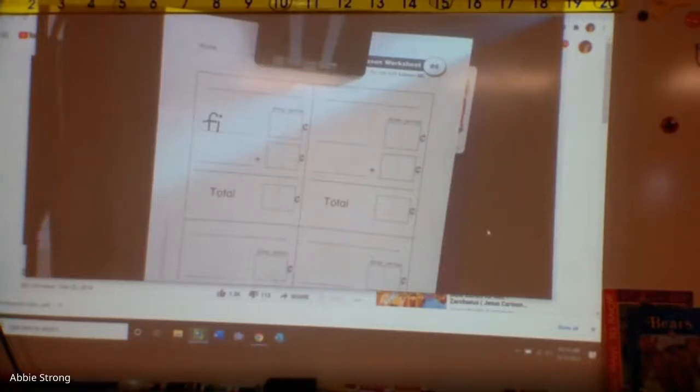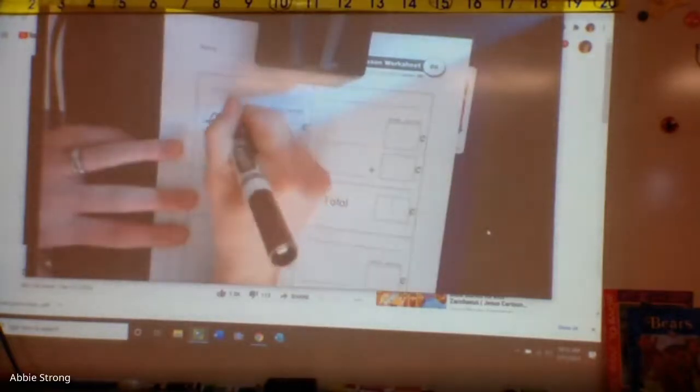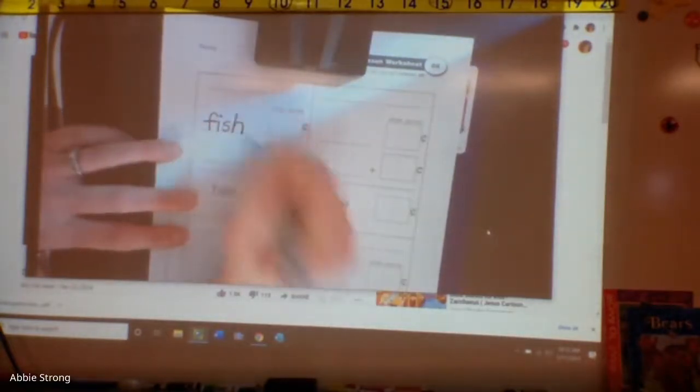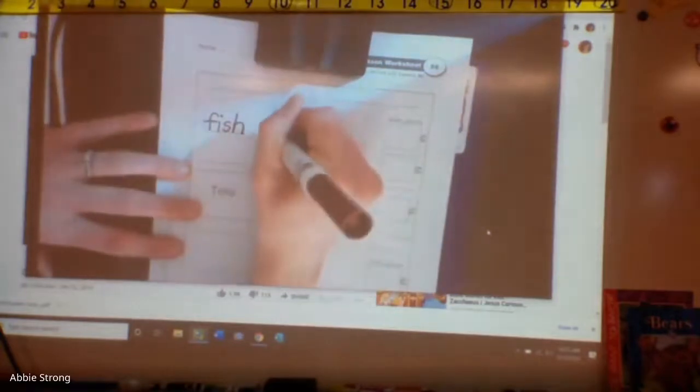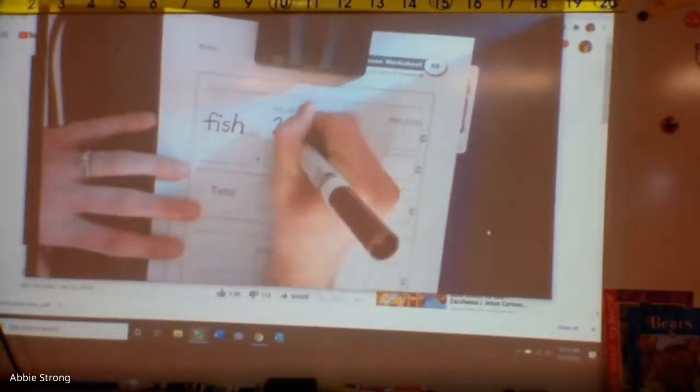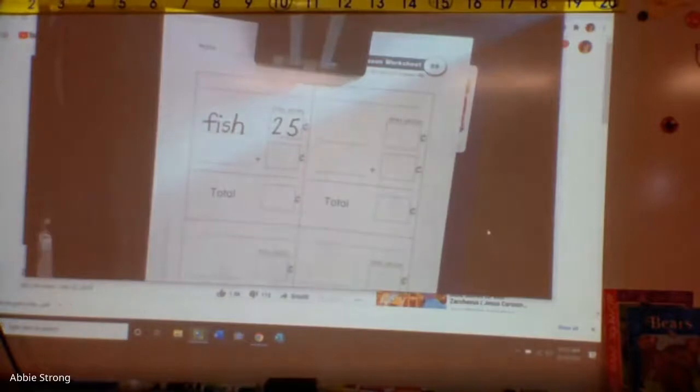Kaylee, what two letters do we need? S-H. Good. S-H says shh. And Delilah read the price tag. She said it was 25 cents. So we're going to put that price in the boxes next to the word fish.